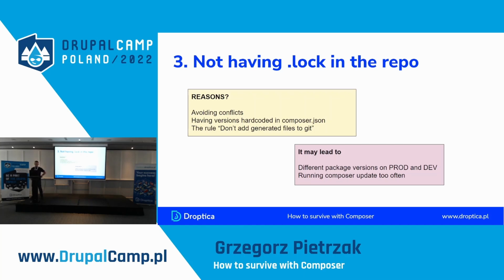And it leads mostly to some unpredicted consequences, because besides the packages that they define in their composer.json file, there are a lot of dependencies that are also versioned and that are also updated. And if you don't keep your Composer lock in the repository, you may end up with completely different versions of packages in your production and in your development environments. And also, you are probably running composer update very often, and that's not good when you are looking at performance.